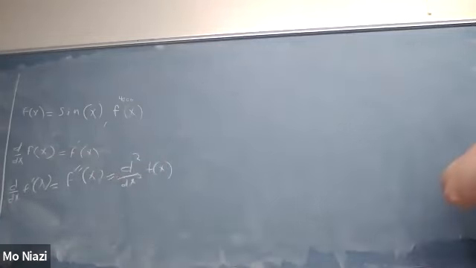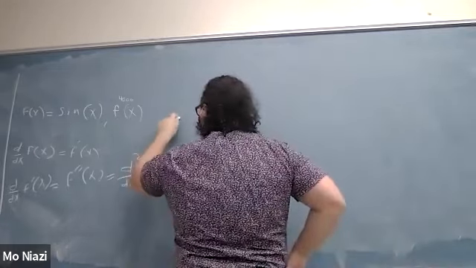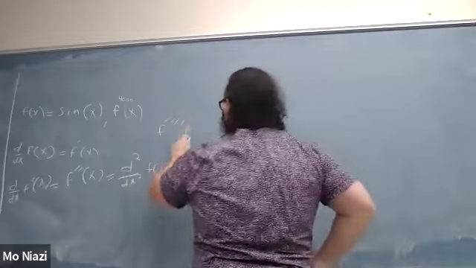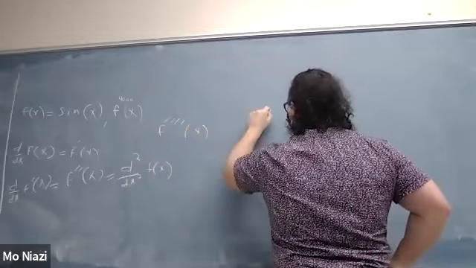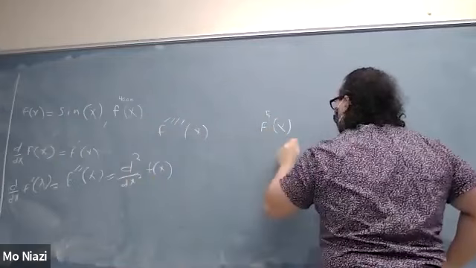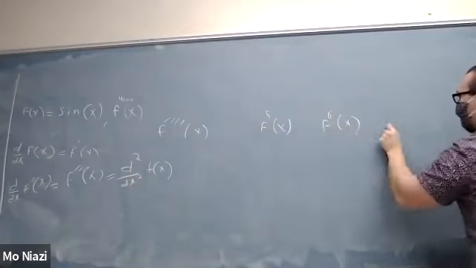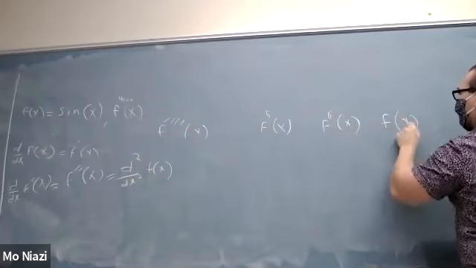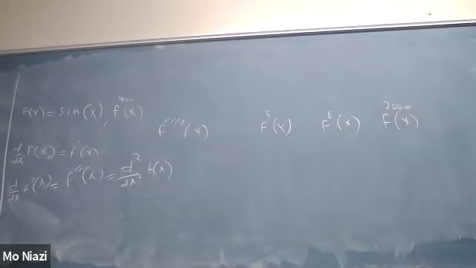So the more primes you have, the more derivatives you're required to take. Now, mathematicians, after 4 primes, just skip to writing a number in parentheses, and this just means take the 2,000th derivative.